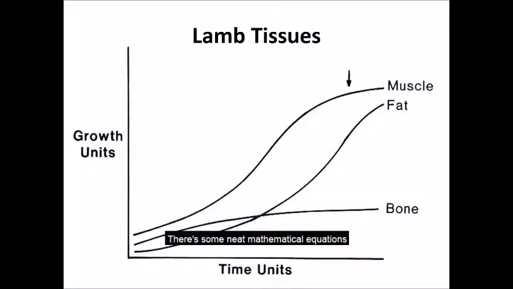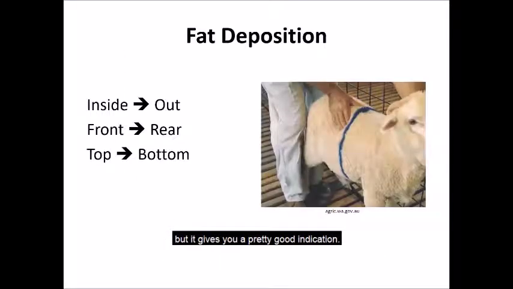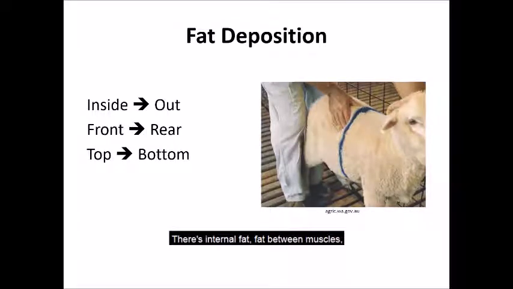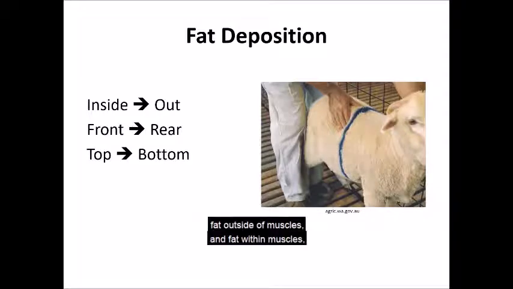Okay, there's some neat mathematical equations for figuring out the point of physiological maturity. And this isn't dead nuts always right, but it gives you a pretty good indication. And I've gotten one step ahead of myself, so let me backtrack. As an animal deposits fat, that happens in several directions. Okay, there's fat all throughout the body. There's internal fat, fat between muscles, fat outside of muscles, and fat within muscles.